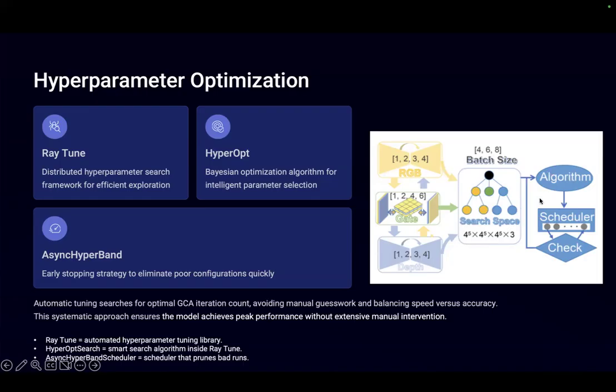They put it into the HyperOpt algorithm, which takes help from the Async HyperBand scheduler, which is really important for removing the bad runs. It automatically detects where the loss is really bad, removes those runs, keeps checking, and gives back to the algorithm. In this way, they are optimizing their parameters and the iteration numbers.